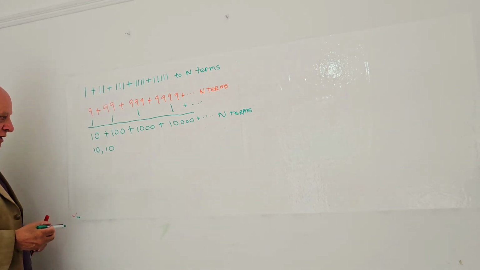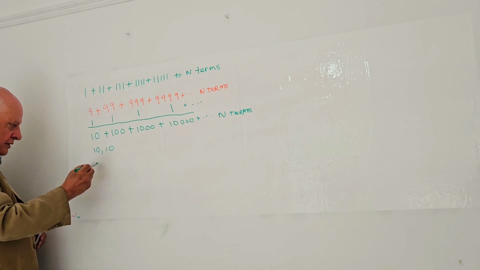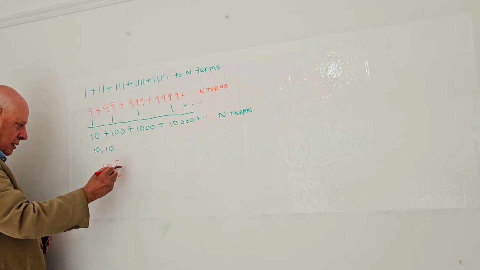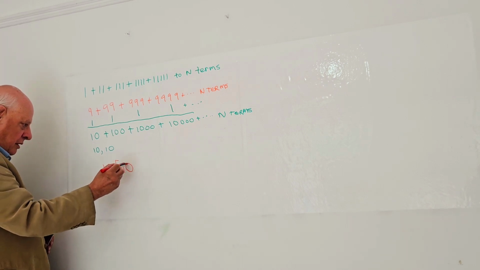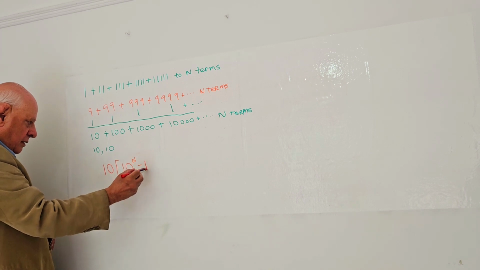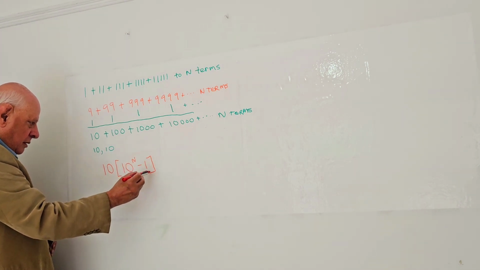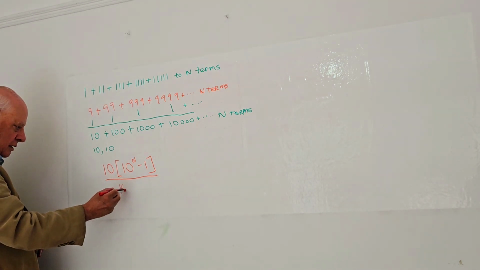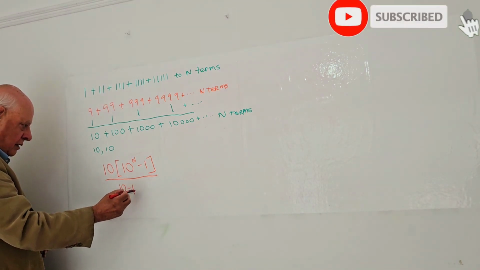And the sum to n terms of that will be 10 times (10 to the power of n minus 1) divided by 10 minus 1.